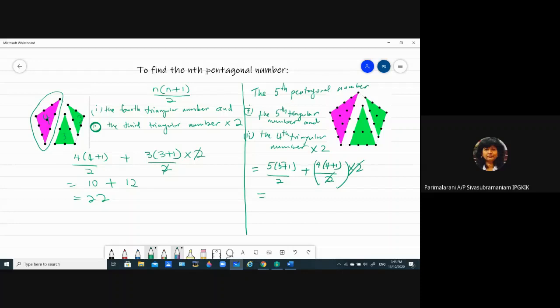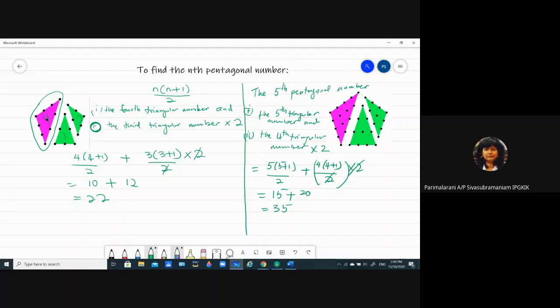Okay, so what do we have here? 6 times 5, 30 divided by 2, 15, plus 4 plus 1, 5 times 4, 20. This is 35. Okay, can you see a pattern here?